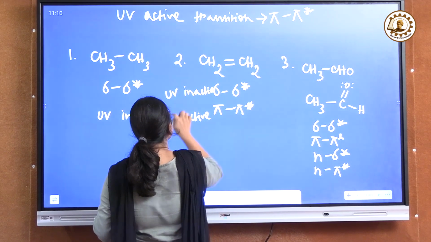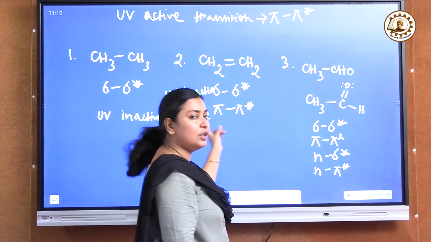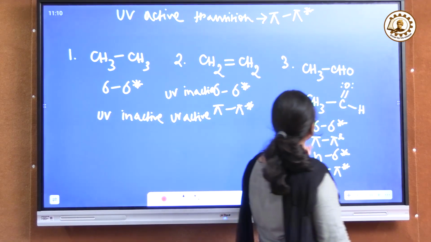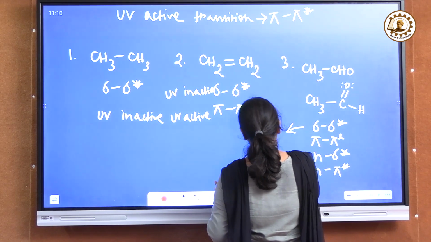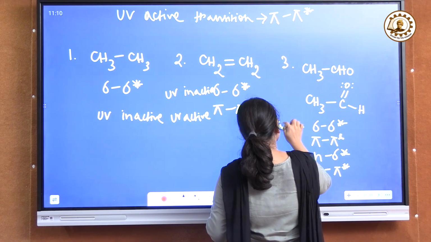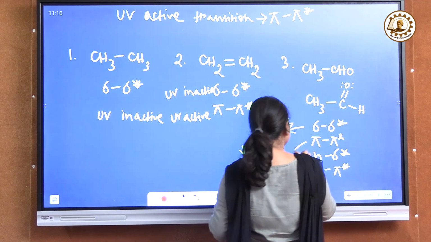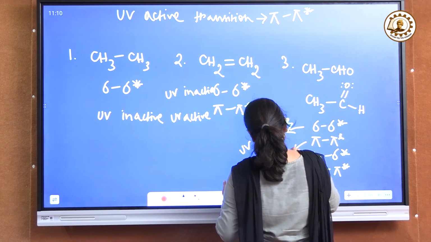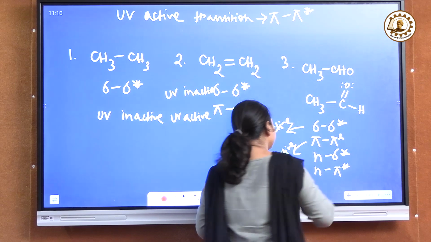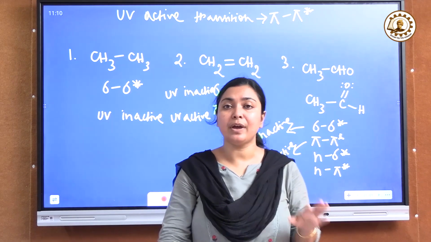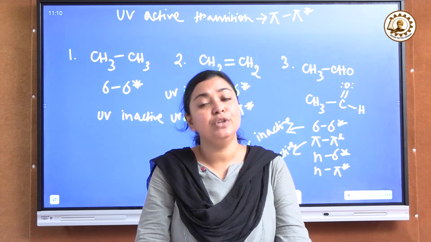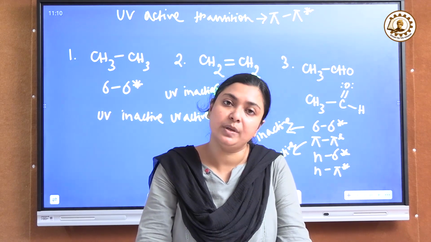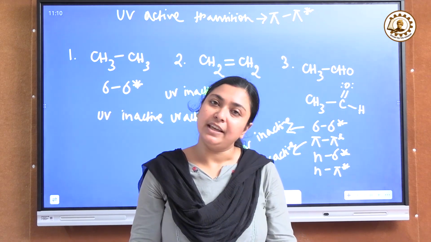Right? And in case of acetaldehyde, sigma sigma star is UV inactive, and the others are UV active transitions. Okay, so that's how you have to find the possible transitions present in any molecule and which one is a UV active transition and which one is a UV inactive transition. Thank you so much.